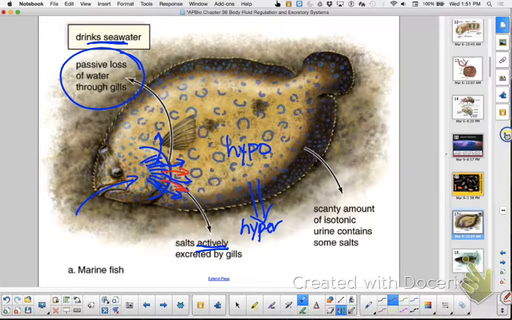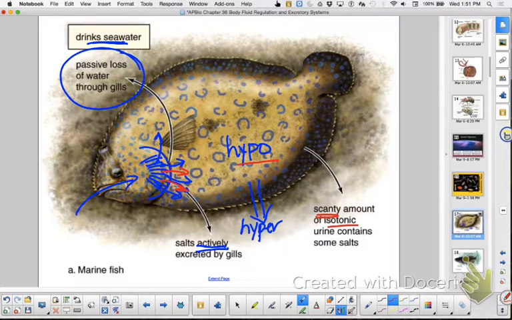They're passively losing water there, and actively transporting salt out of their bodies. Now, if you are tending to lose water to your environment, are you going to have copious amounts of urine or just a little bit? Hopefully it makes sense that you would have scanty, a small amount of isotonic urine. You can't afford to pee a lot because when you pee, you are losing water.